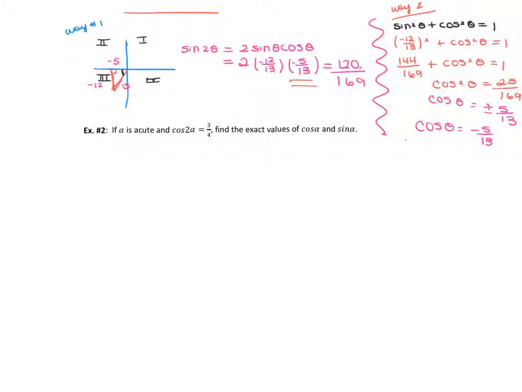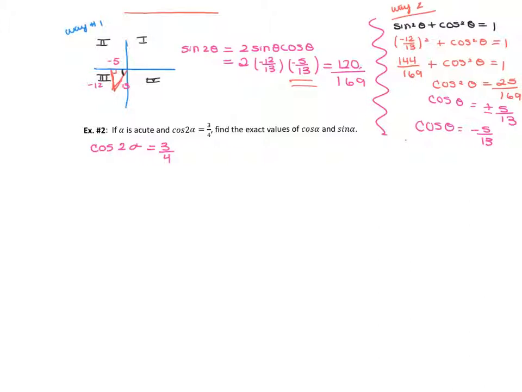All right, so I'm going to walk you through this one. If you think you know what to do, you can move ahead of me, that's fine. So I'm going to start writing my given down, which is cosine 2 alpha is equal to 3/4. All right.